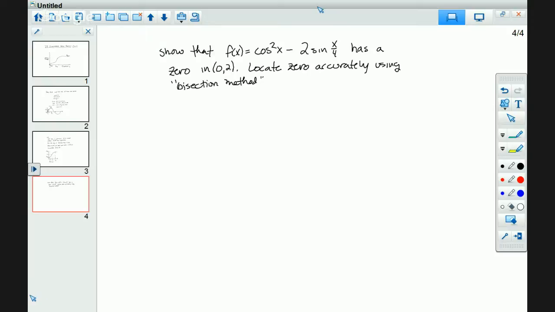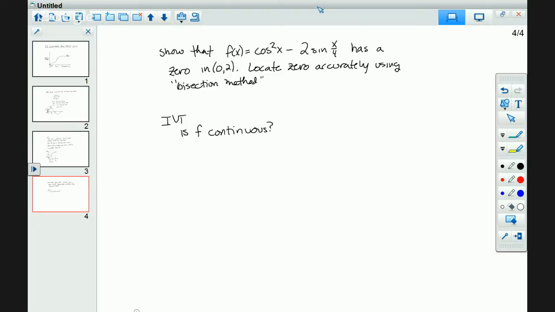So, is F continuous? That's condition 1 of the IVT, right? I sure hope so. Okay, is cosine continuous over 0, 2?